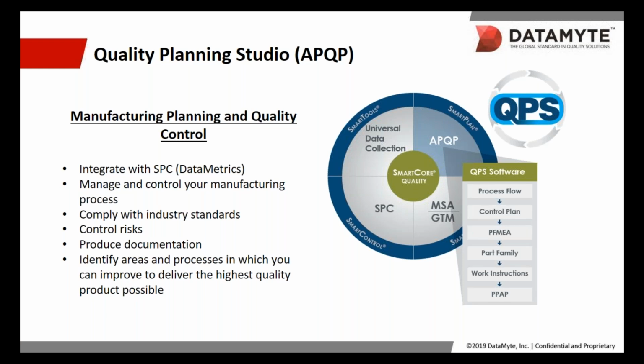That's where our primary focus is, but we have a number of users in aerospace, food and drug, etc. One area that we want to help you with is how you can identify those processes you can improve to get the highest quality of product possible, and bring that information into your documentation to be generated not only internally but then submitted to your customers as well. So that's a little bit about our QPS software. Again, the previous name was PACT or MPACT, and we welcome those of you who are users of that product.